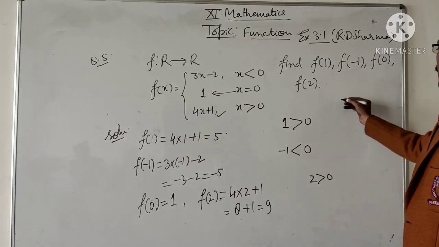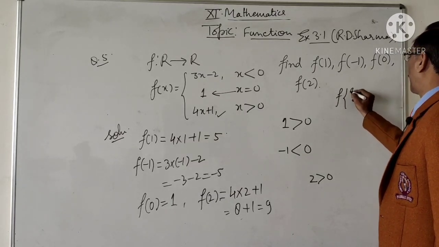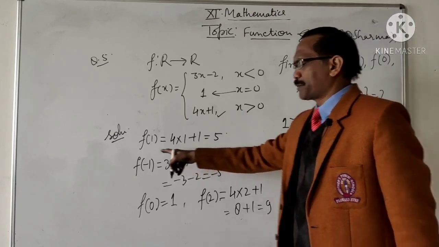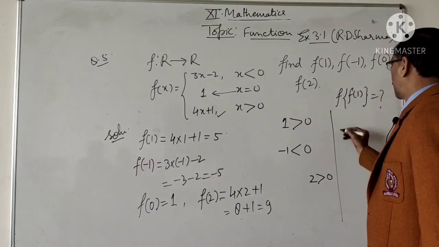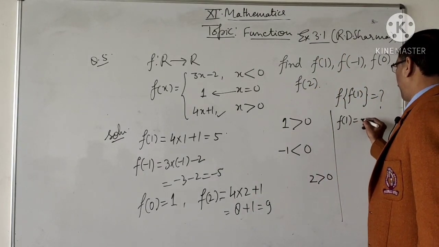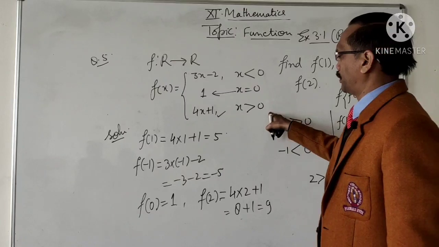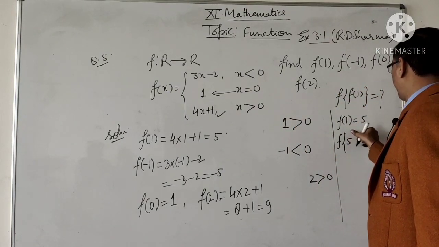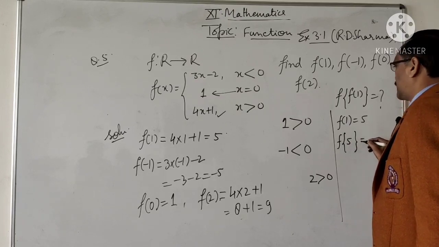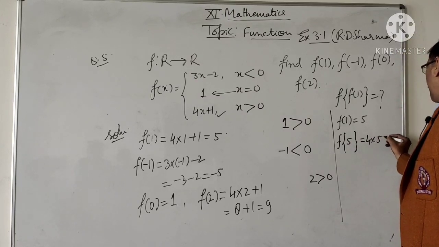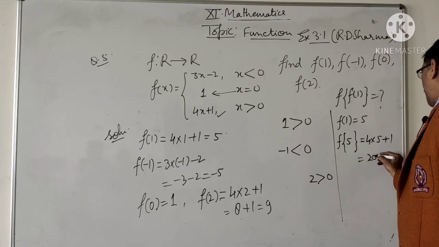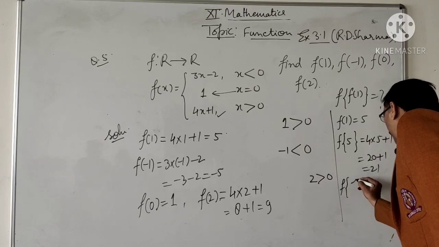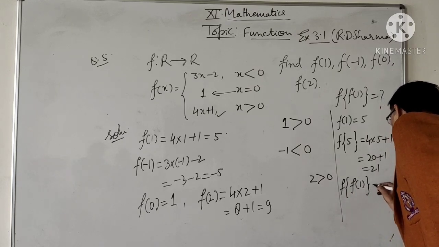Student, if f(f(1)) is asked, then first we find f(1). f(1) is 5. Now 5 is greater than 0. So f(5) is 4 into 5 + 1, which is 20 + 1 is 21. So we can say f(f(1)) is 21.